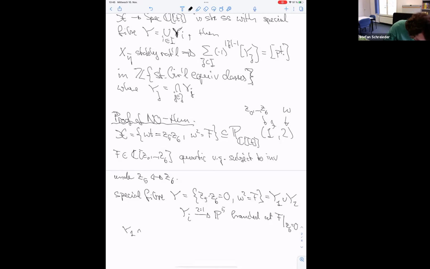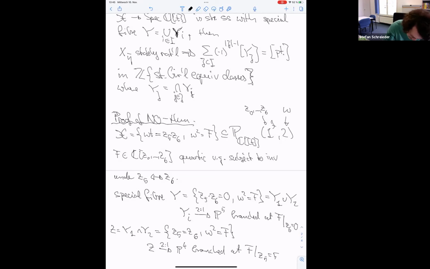And Y1 intersected with Y2 will just be given by Z5 equals Z6 and this other thing. So if I call this Z, then Z is a 2-to-1 cover of P4 branched at the degree 4 equation that is given when we set Z5 and Z6 to zero.